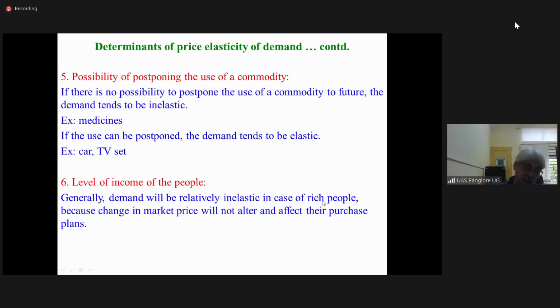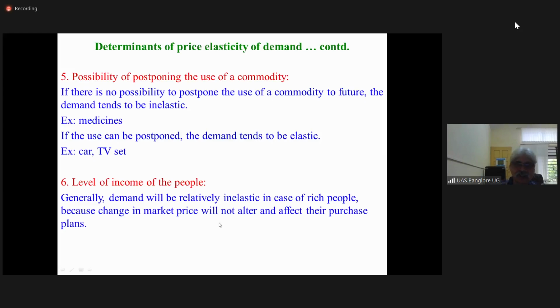Even if the price goes up, they are ready to pay that amount and purchase it. So the demand for goods becomes inelastic if the people have more income, if they are rich, because a change in market price will not alter and affect their purchase plans.